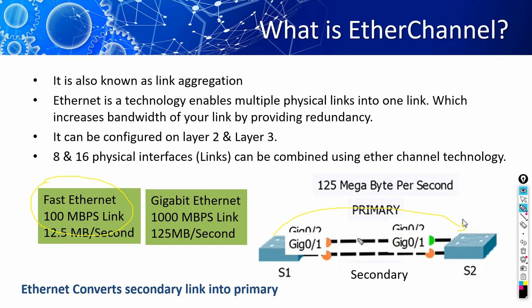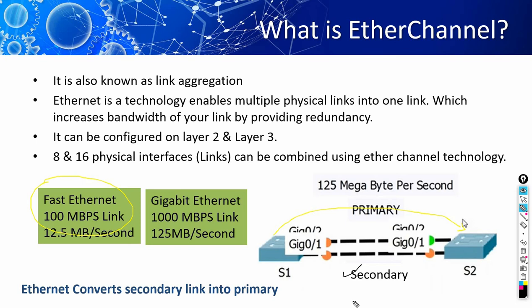The first link you created is called the primary link, and the second link you create is called the secondary link. So if you lose one link, for some reason your primary link goes down, the secondary link will work automatically. That way you don't need to worry or rush to run for the configuration.